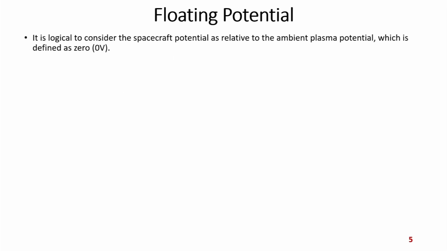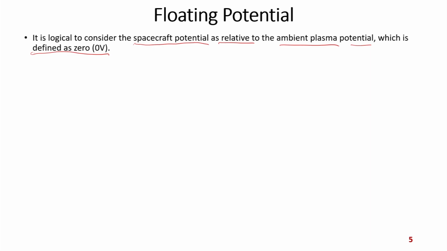Now, we will define the floating potential. I can consider the spacecraft as having a potential relative to the ambient plasma potential, which is defined as 0. This is logical, because in the plasma outside the sheath there is no net charge.